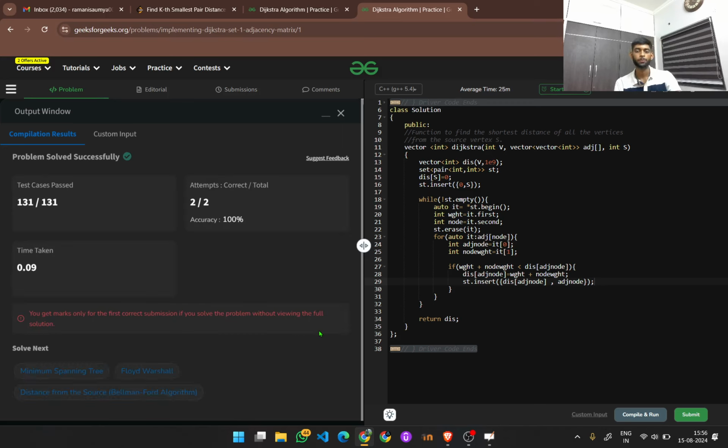Okay, guys. So this was the code here. Now this one was with the set approach. Please have a look at it.